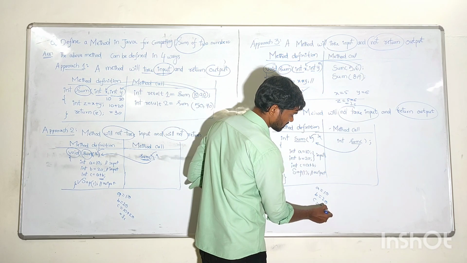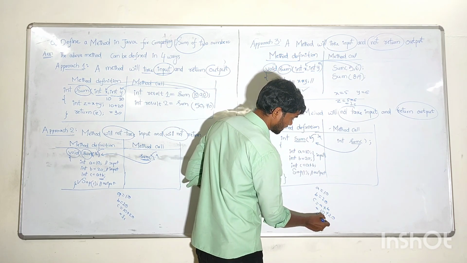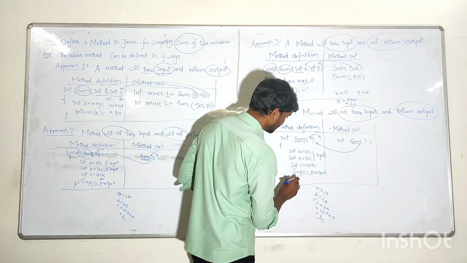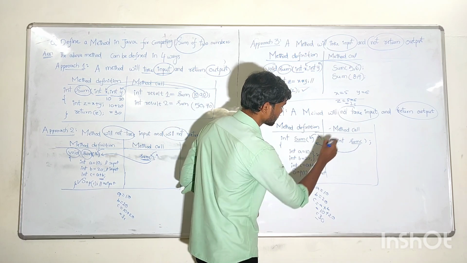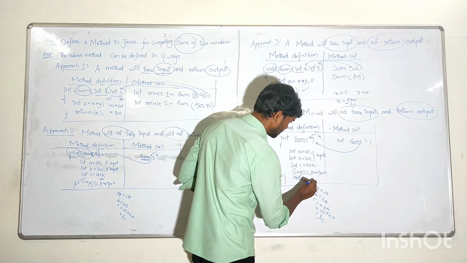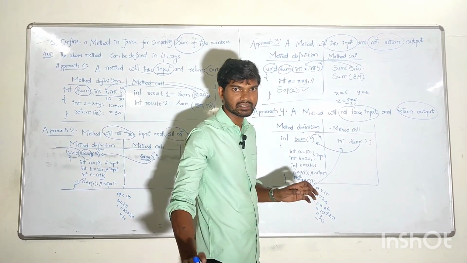What is C? A plus B, that is 10 plus 20, equal to 30. So here the C value is 30. And what do I have to do? I have to return this value, which means I have to mention return C like this. Then this C value will be returned here. That is the fourth approach.